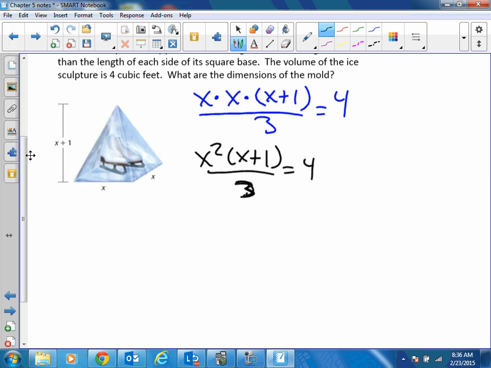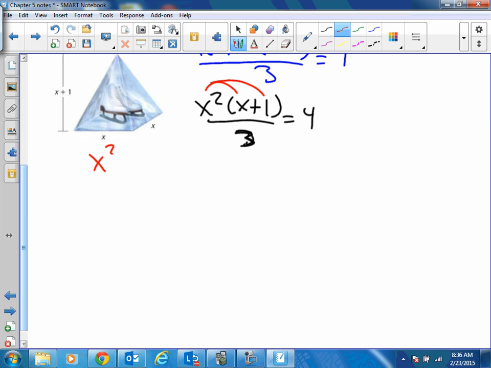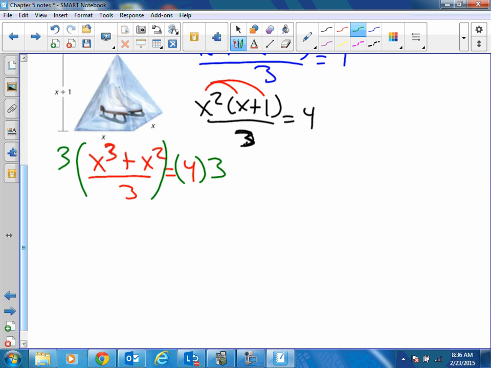Then the next thing I do is distribute the x squared. So I get x cubed plus x squared over 3 equals 4. Now, no one wants to mess with messy fractions, so I would multiply by 3 on both sides to get rid of the fraction.